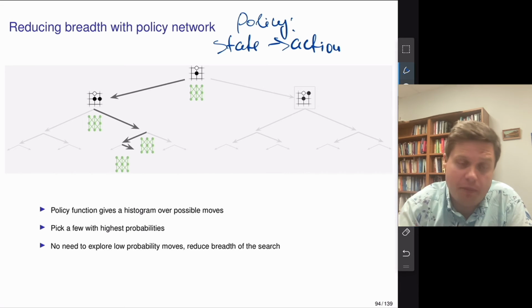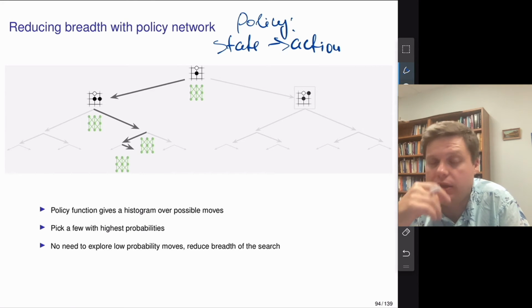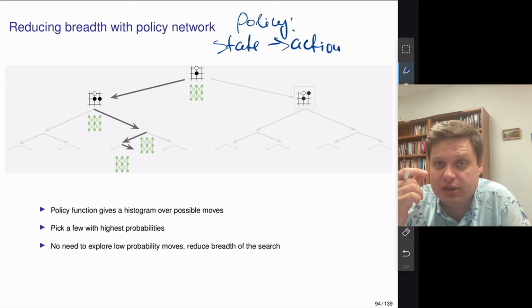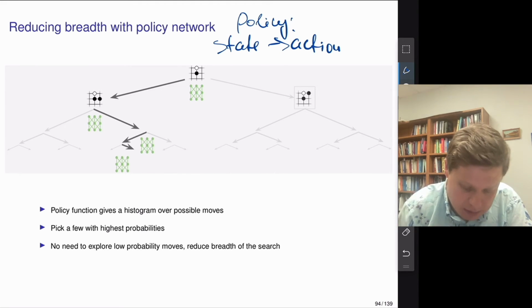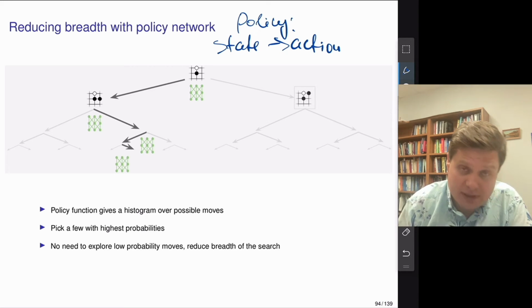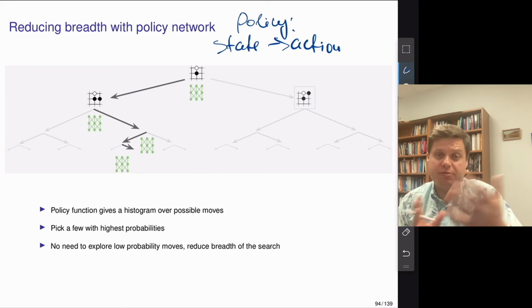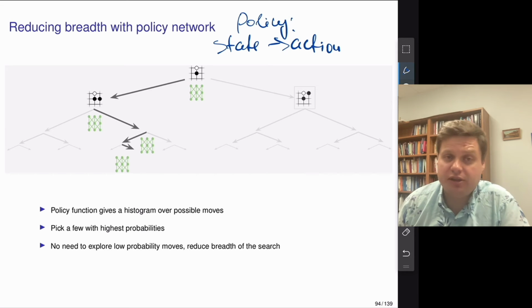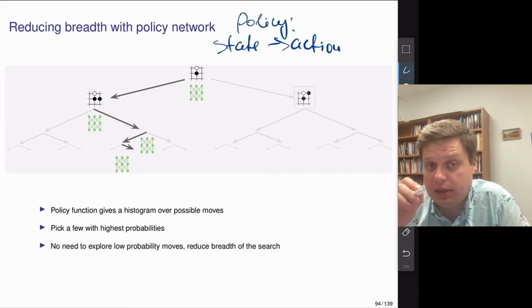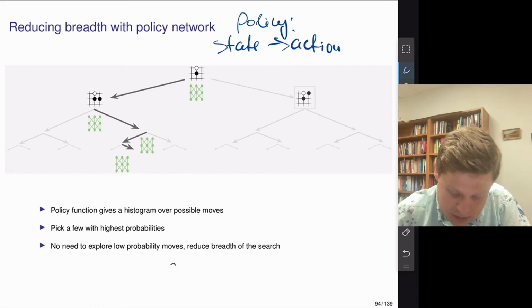And instead of exploring all possible moves from this specific state, you only explore the moves that were suggested by the policy network. And sometimes the policy network can suggest multiple states. So essentially, reducing the width and the depth of the tree allows the search algorithm to work very quickly. And in this case, the rules are not human designed, but they were learned from the previous games, from self-play.